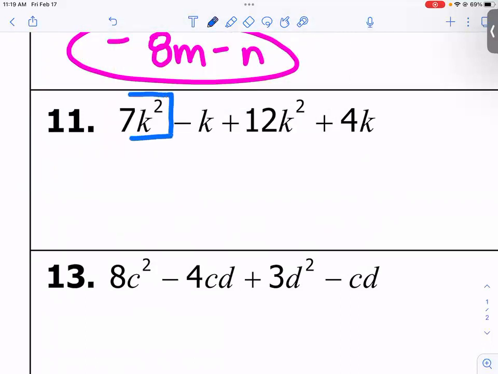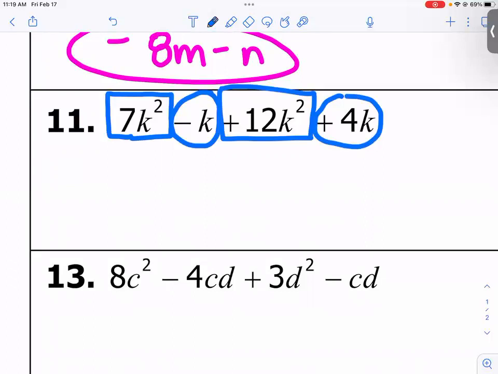All right, so we have some K's that are squared and some K's that have exponents of 1. So we need to make sure that the K squareds get put together and the K to the first get put together, but they need to stay separate from each other. Okay.